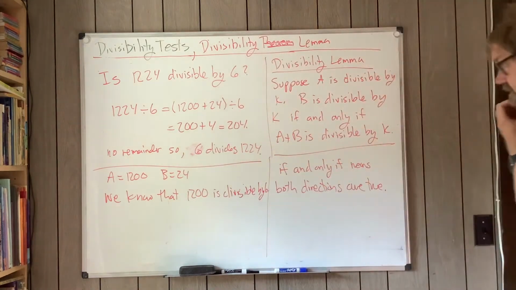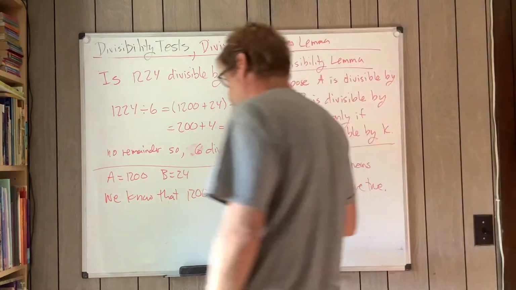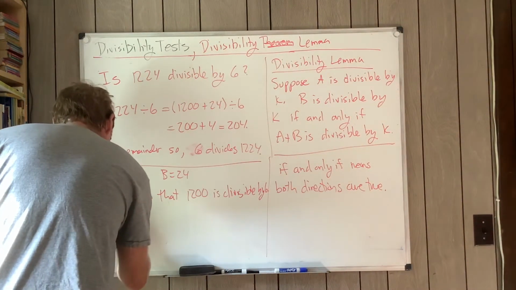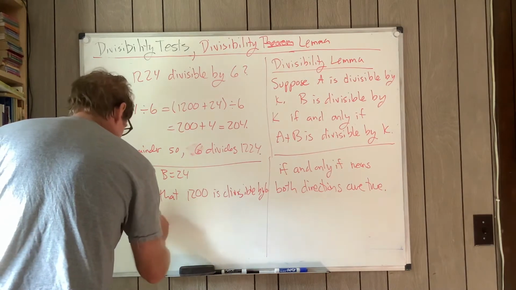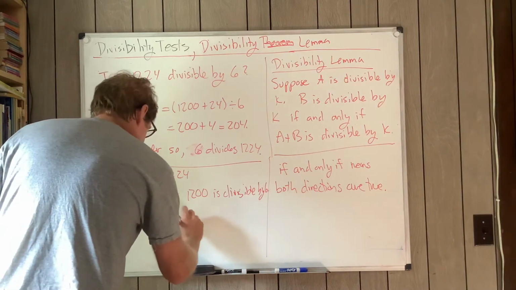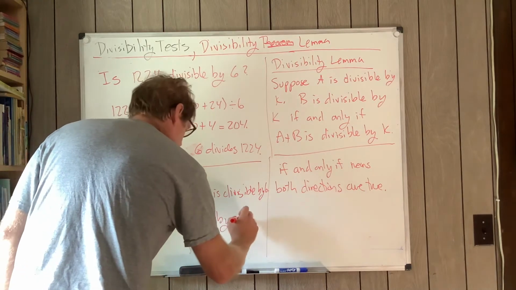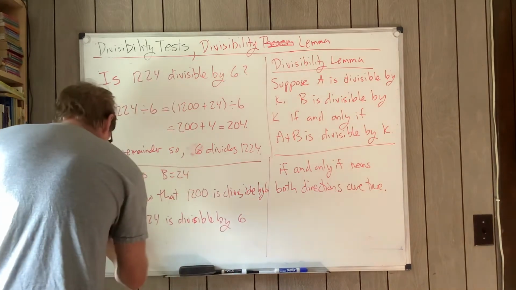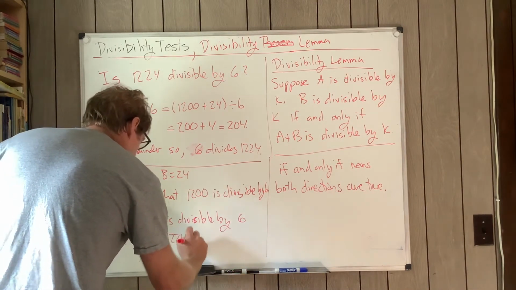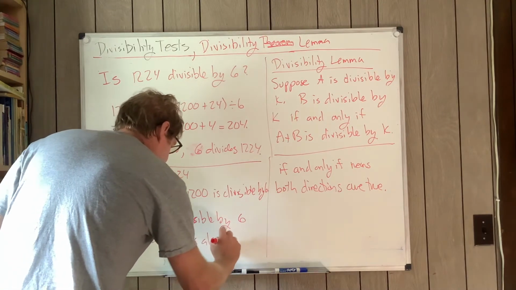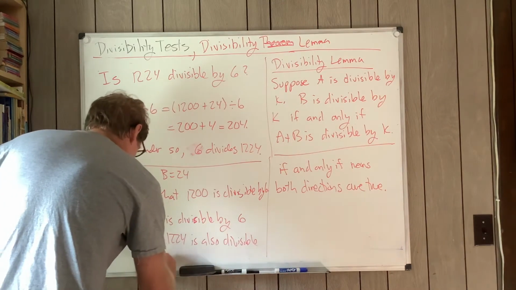So what we're going to use is, since B is divisible by 6, then A plus B equals 1224 is also divisible by 6. Okay.